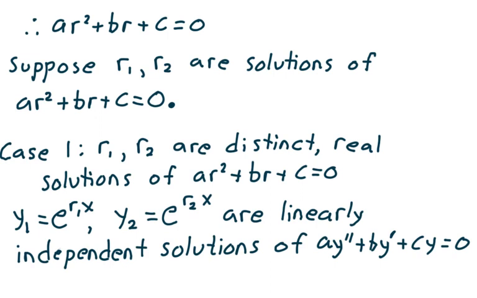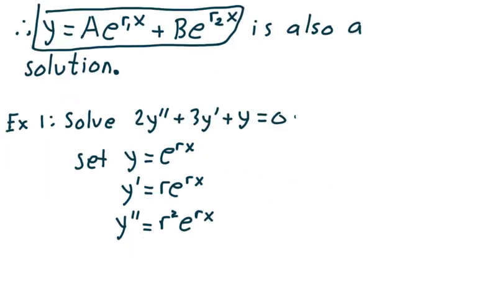In other words, if I take y1 and multiply it by a, and y2 and multiply it by b and add them, that's a solution to this differential equation. So y = ae^(r1x) + be^(r2x) is also a solution. It's the general solution.